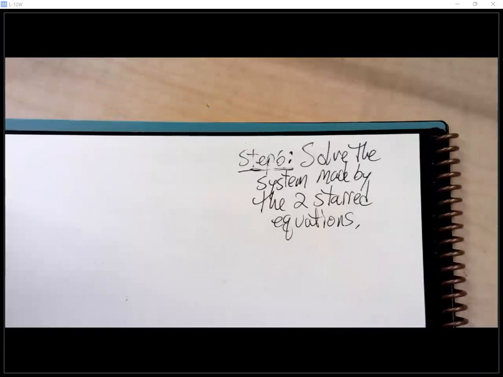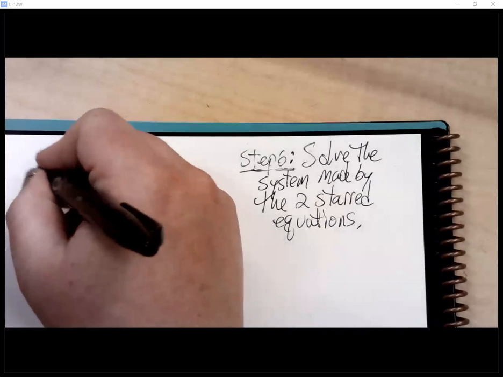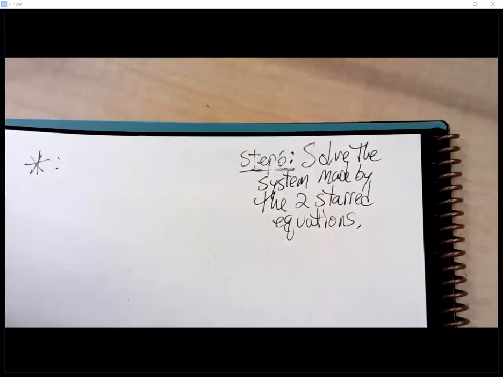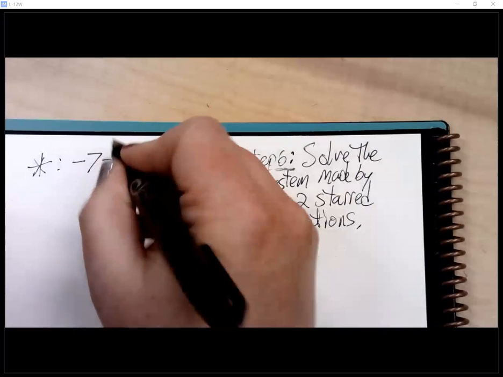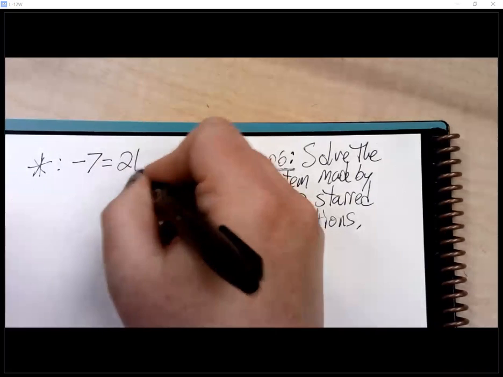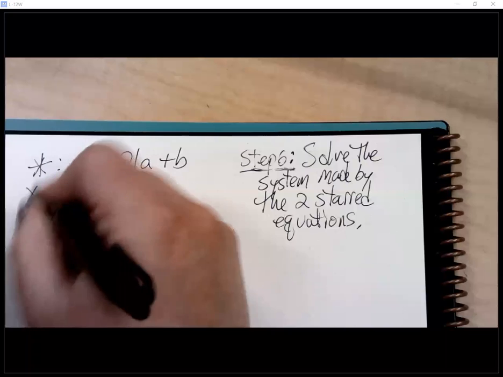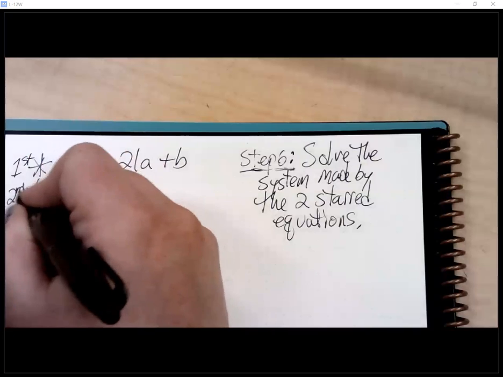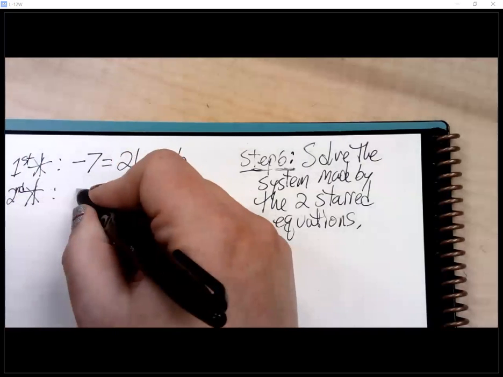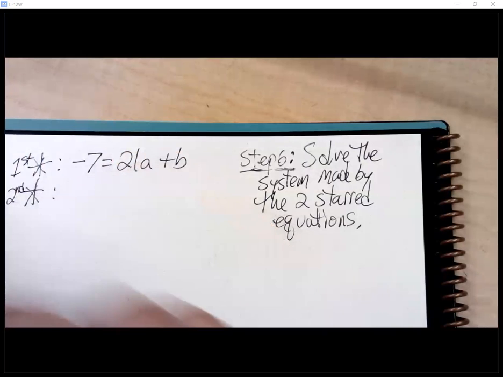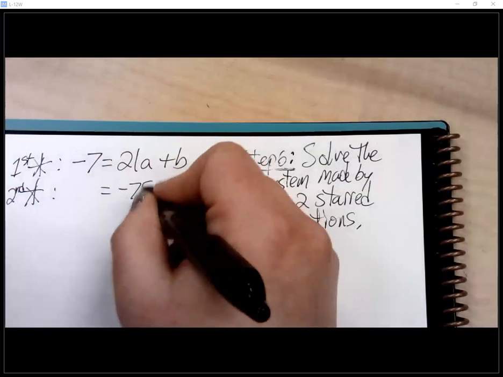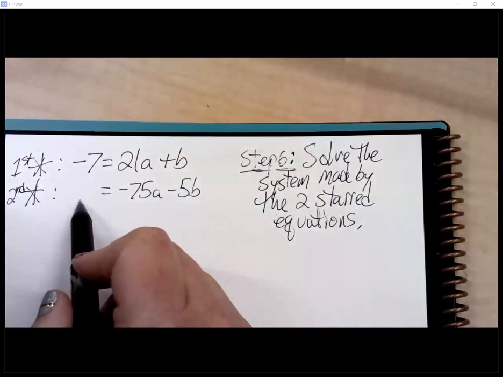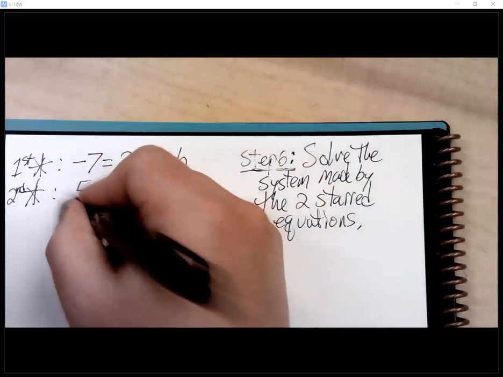Okay, so my first star was -7 equals 21. And then, you know what, I'm going to call them first star and second star. And the second one's what? What was this? -5? The first one's just 5. Oh, sorry. Thank you. Okay, so there's our two starred equations.